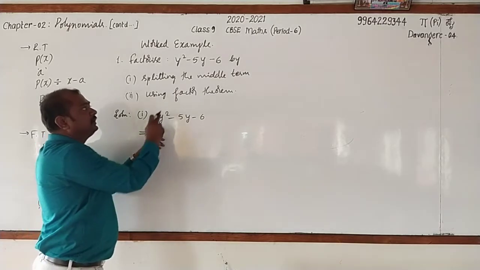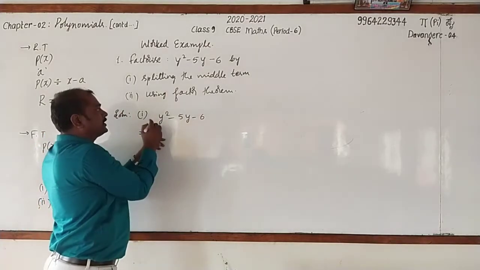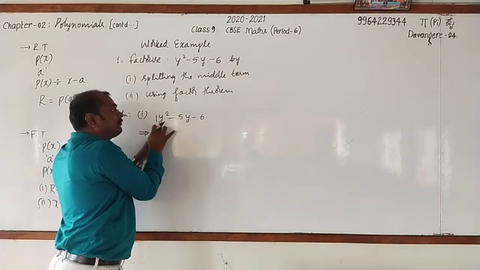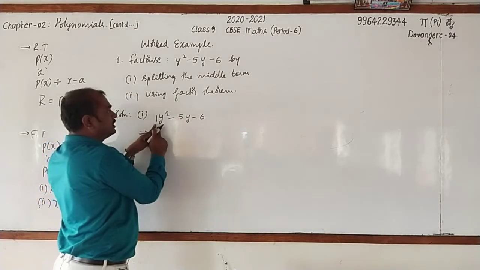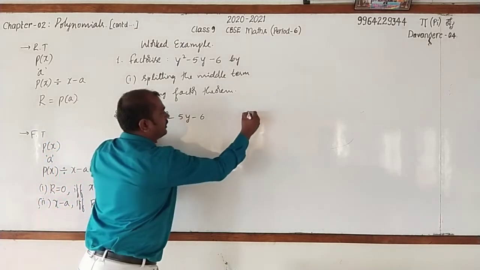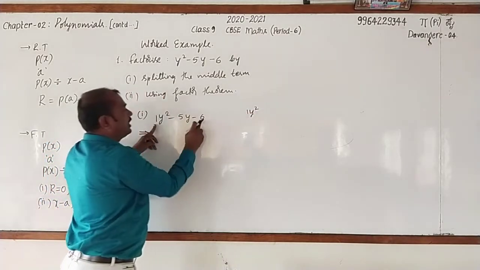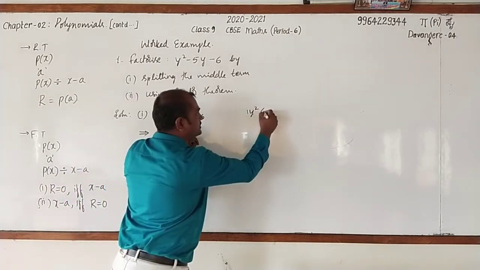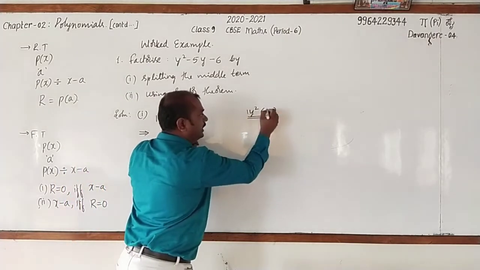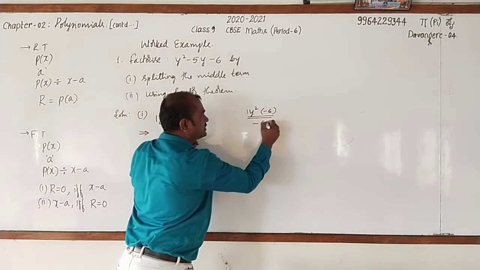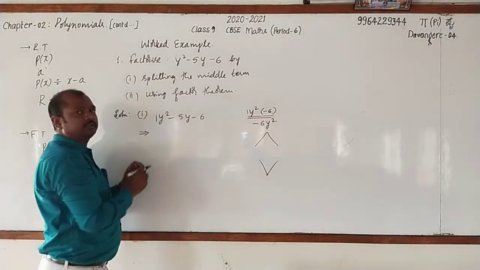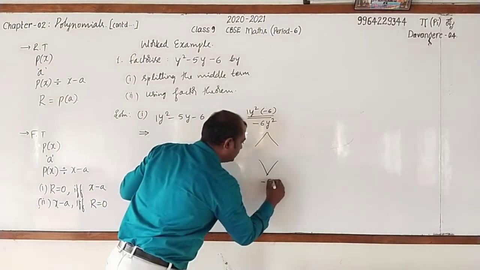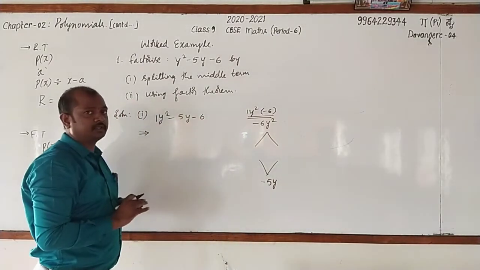Observe. In splitting the middle term, first we multiply the first and last term of the given polynomial. What is the first term? 1y square. And the last term, minus 6. Multiply them. It is minus 6y square. Then what is the middle term? It is minus 5y. Right?